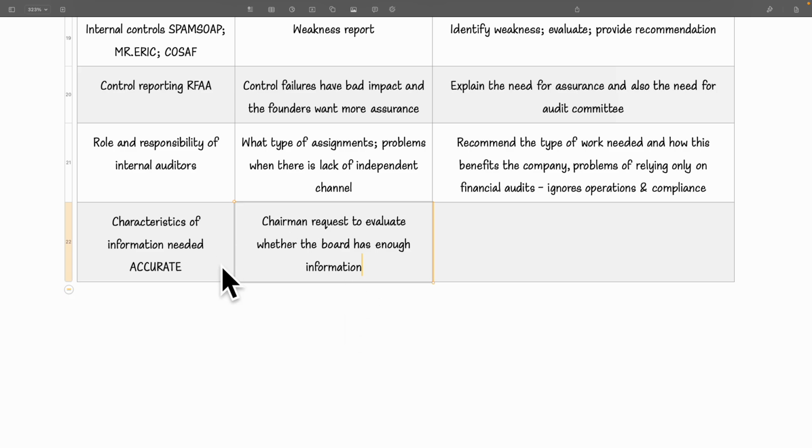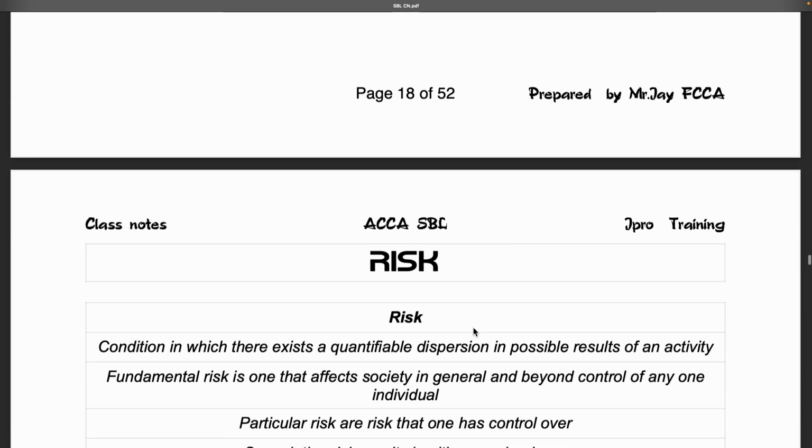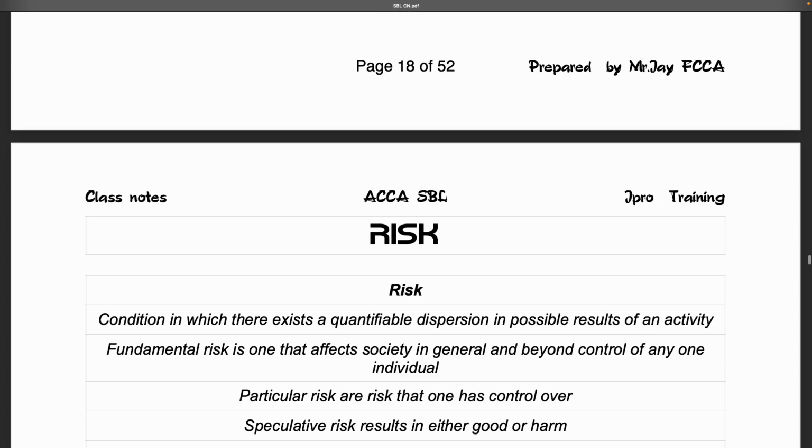So the chairman could request to evaluate whether the board has enough information. So the answer that you're using is going to come from here. Just note that reliable, relevant is a characteristic of the quality of the information, and why you need to have this long-term information, reliable information. Okay, that covers that part. Any questions up to this juncture?